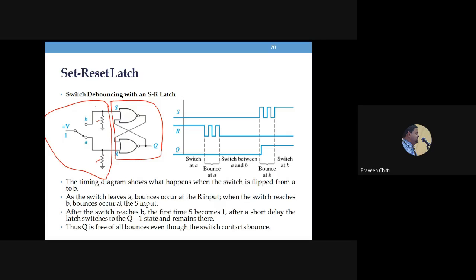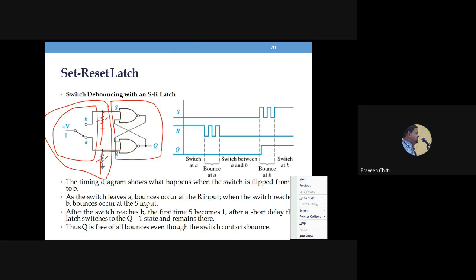So, in the absence of the switch, these two resistors ensure that both S as well as R are connected to ground. That means both will be 0. S is 0, R is 0.